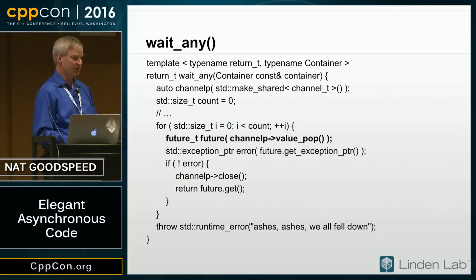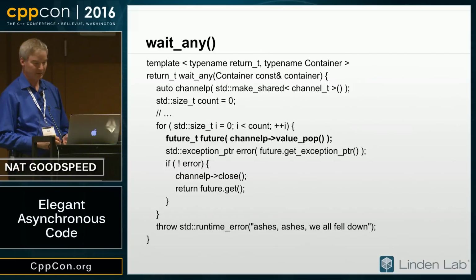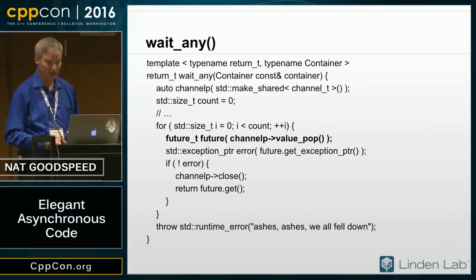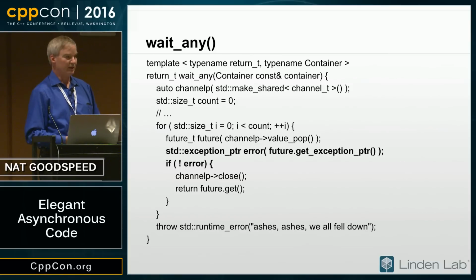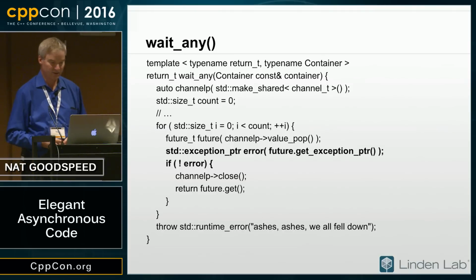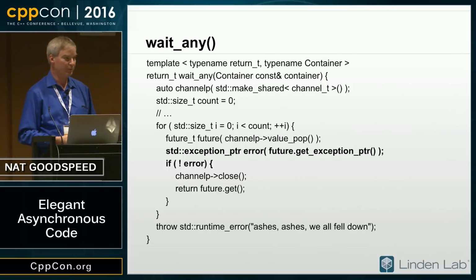Assuming we haven't yet exhausted all hope, we pop the next future from our channel. Naturally, this causes wait any to block until that future is pushed. Then we check whether that future was fulfilled with an exception or a value. The exception pointer returned by future getExceptionPointer will be null pointer unless an exception was thrown. And we know this future is fulfilled.